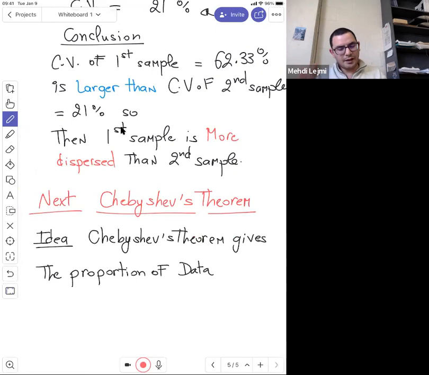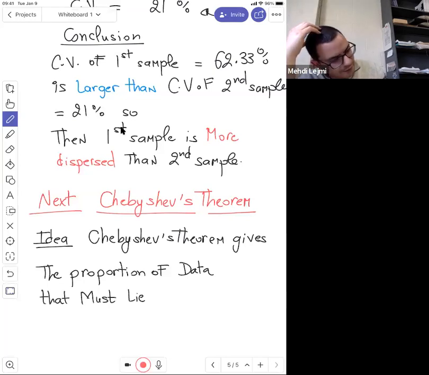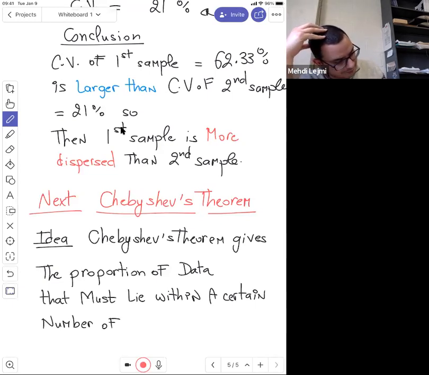that must lie within a certain number of standard deviations above the mean.